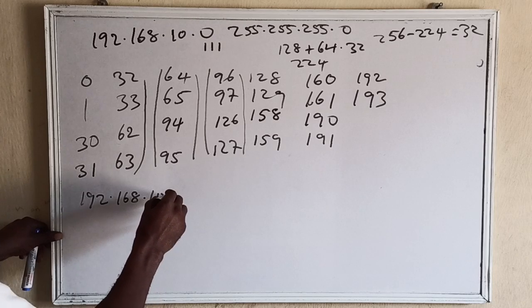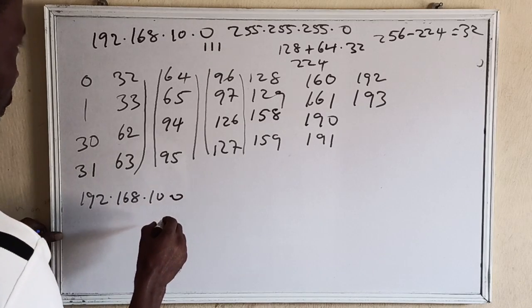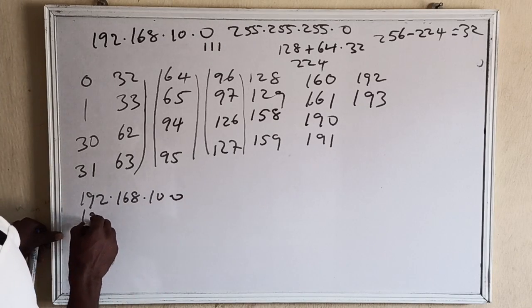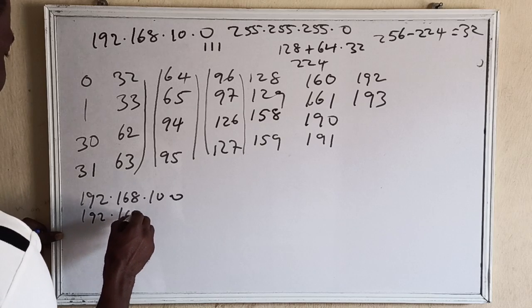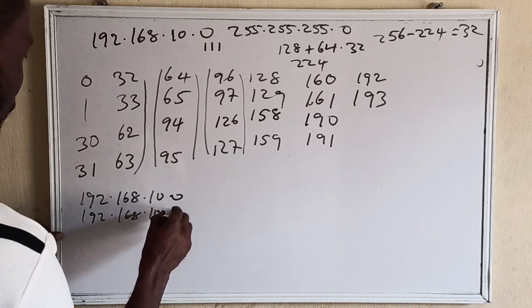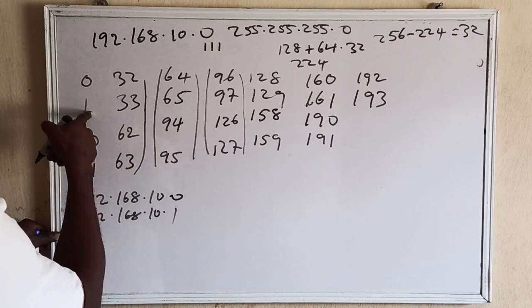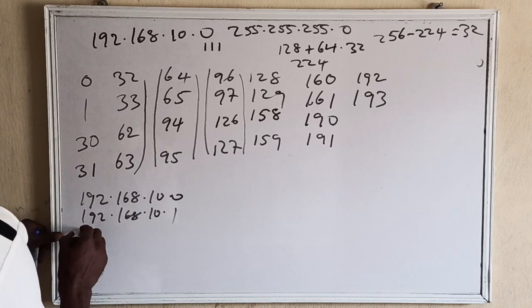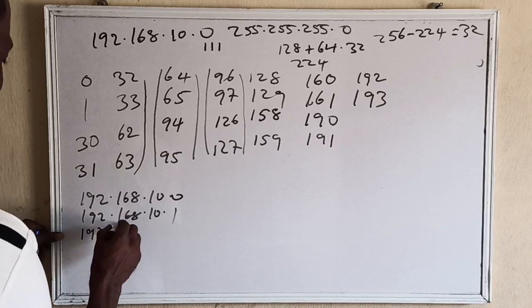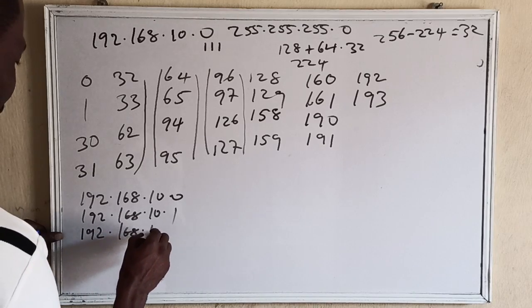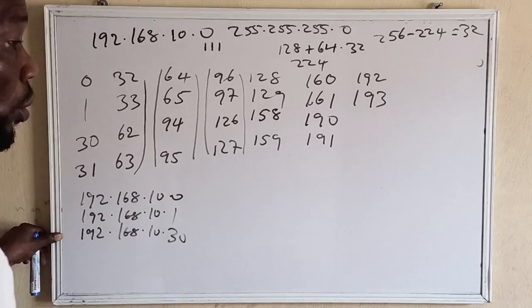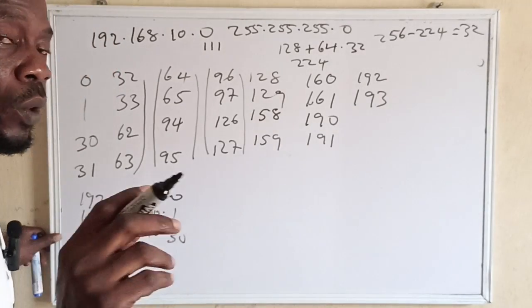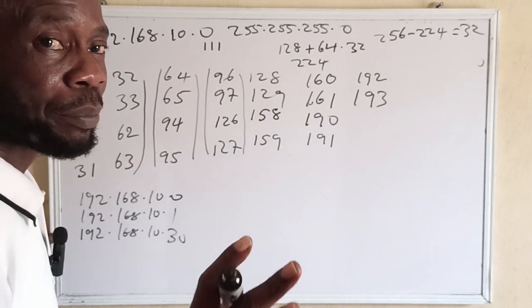Here you get 192.168.10.0, where the first valid host is 192.168.10.1. It will get to the last one, 192.168.10.30. It's going to give you 30 valid IP addresses.